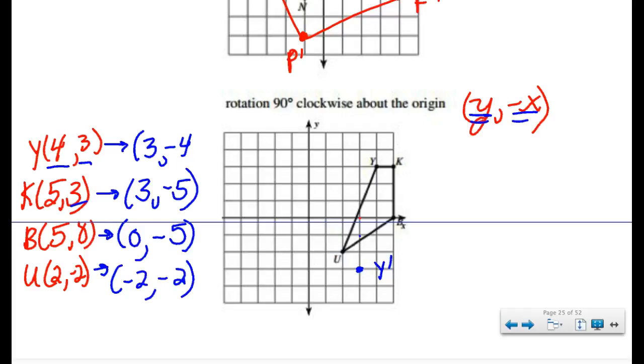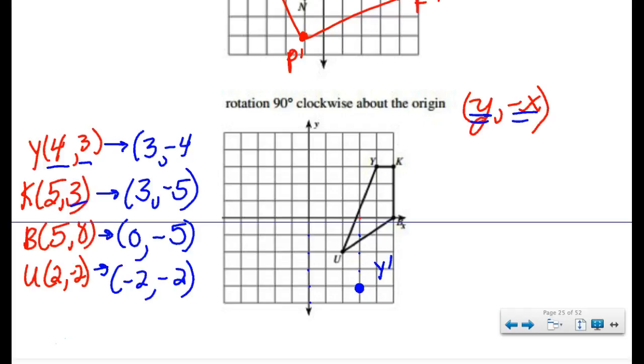So my new K is going to be at 3, negative 5. My new B is going to be at 0, negative 5. I'm not counting right. Here, just a second. 1, 2, 3. There we go.